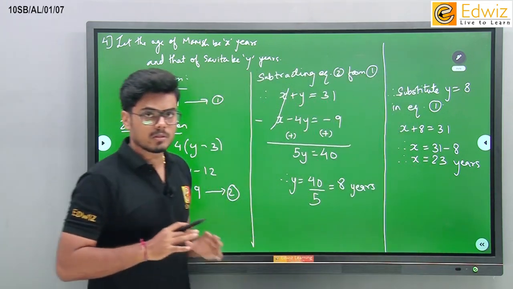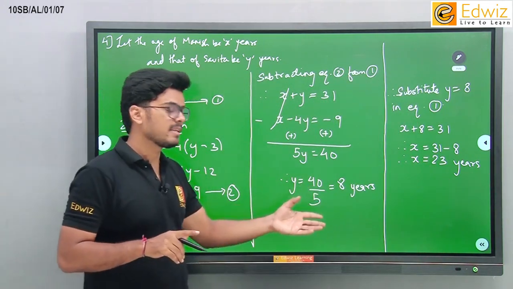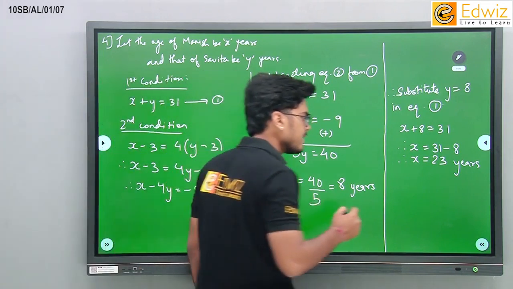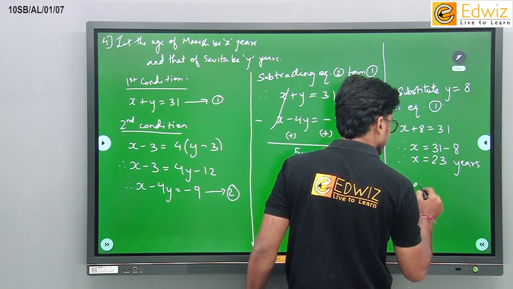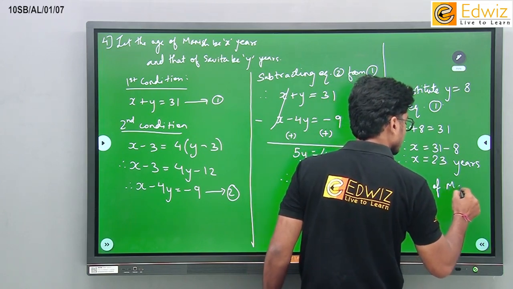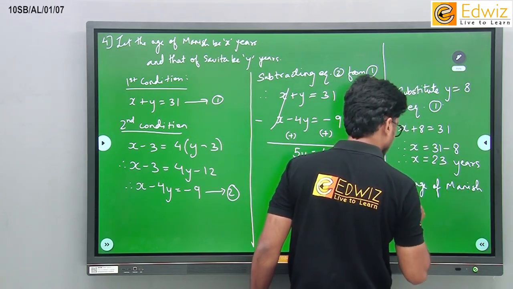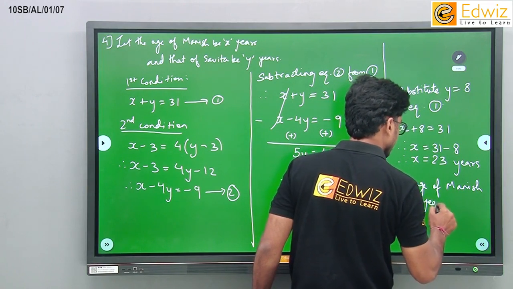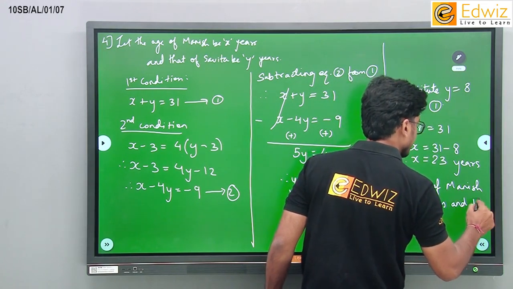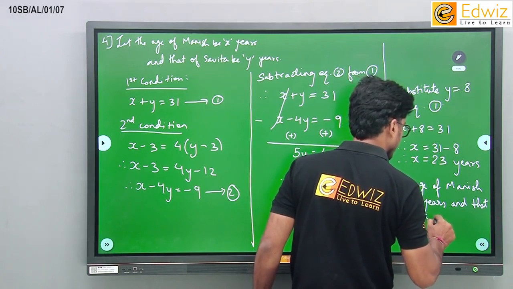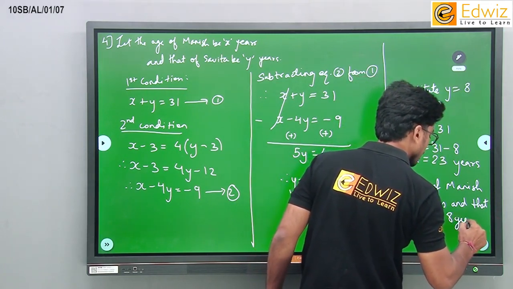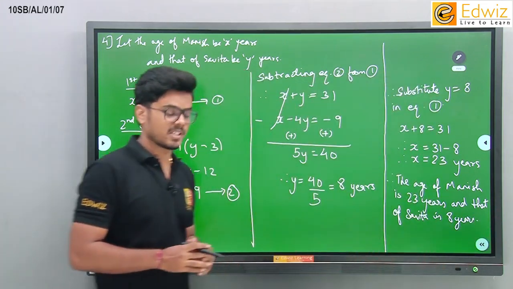Okay, so the age of Manish is 23 years and the age of Savita is 8 years. Therefore, the age of Manish is 23 years and that of Savita is 8 years. Okay, this is the question solved.